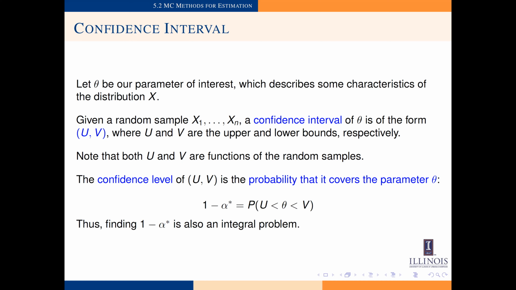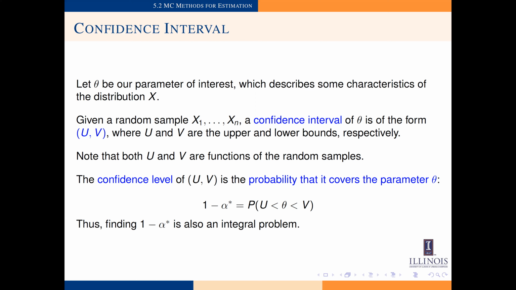The confidence level of the interval u to v is the probability that this interval covers the unknown parameter of interest theta, so the true value theta. We usually denote this by 1 minus alpha or 1 minus alpha star, where alpha star is the desired level of type 1 error rate we want to achieve.